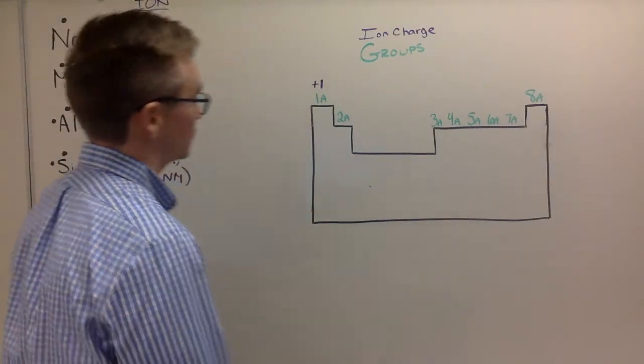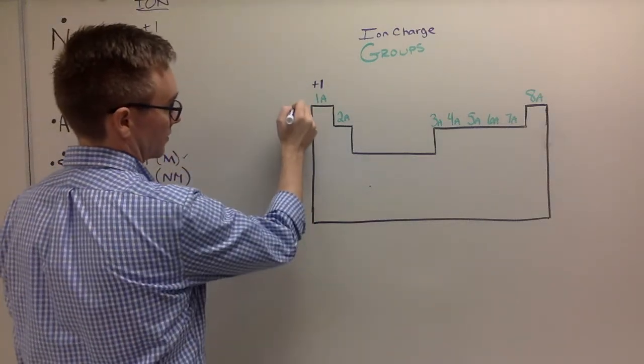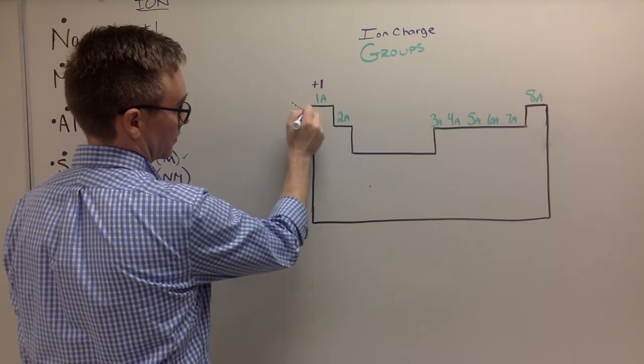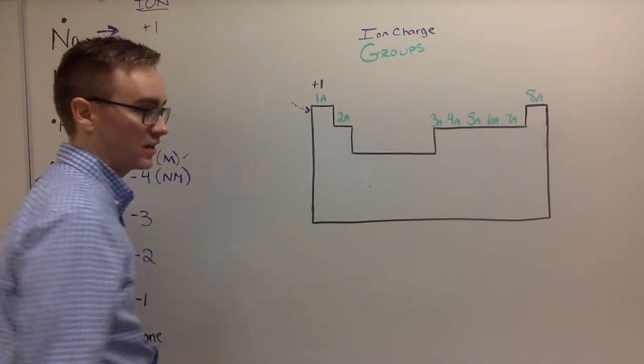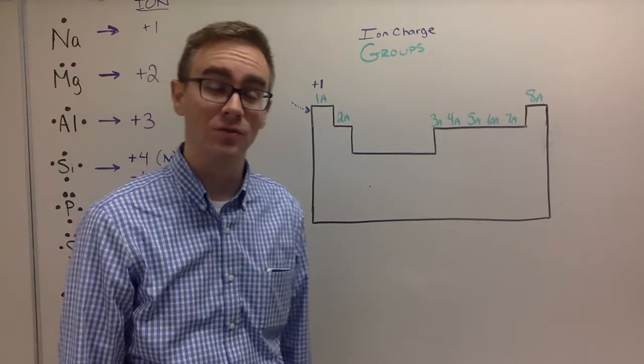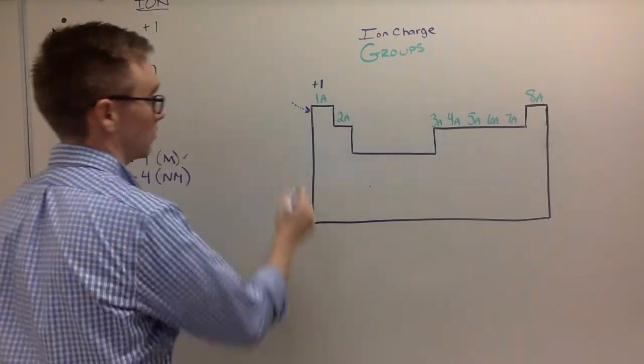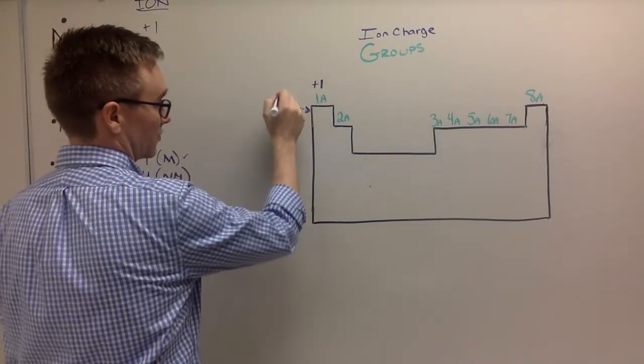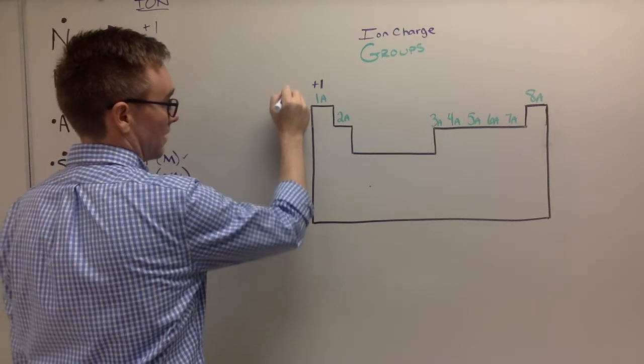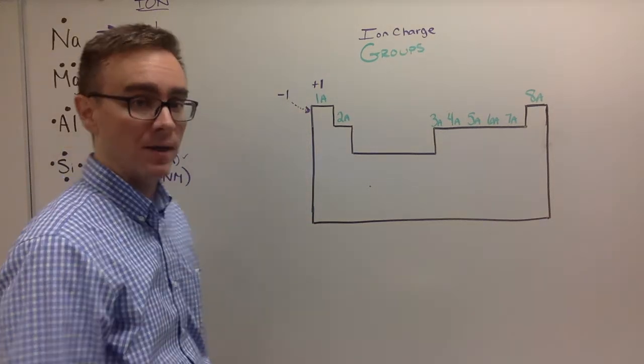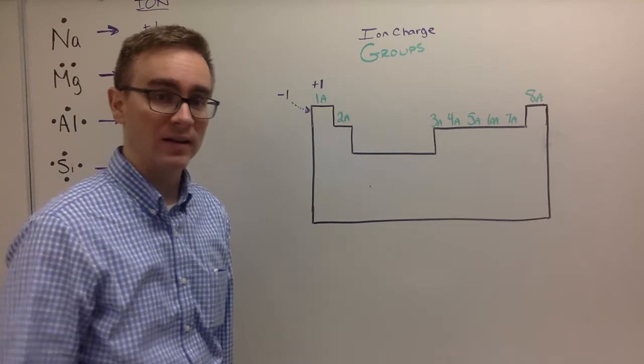Hydrogen is the only exception. Because it only has 1 electron, it's not going to try and lose that 1. It is going to try and gain an electron and forms a -1 because it is a non-metal. Non-metals form anions.